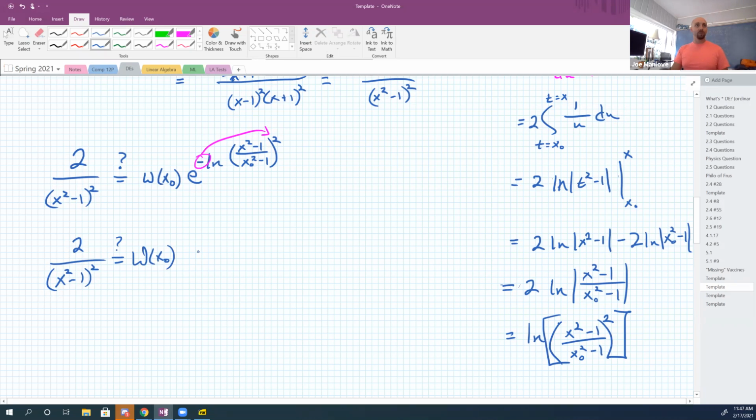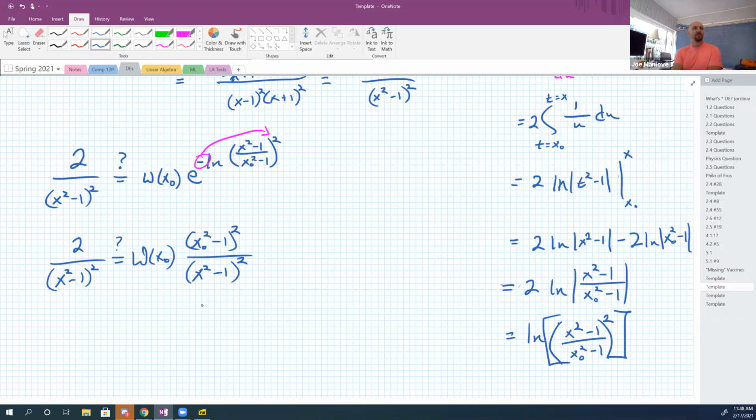This whole thing may as well flip over. So I've got x naught squared minus 1 squared over x squared minus 1 squared. You guys with me on that? So with that negative exponent, I just flipped that whole fraction over.